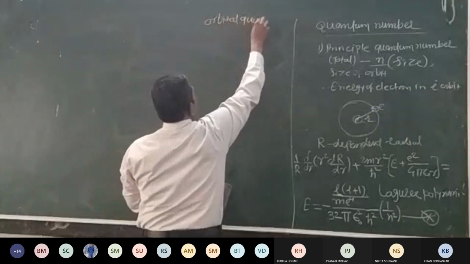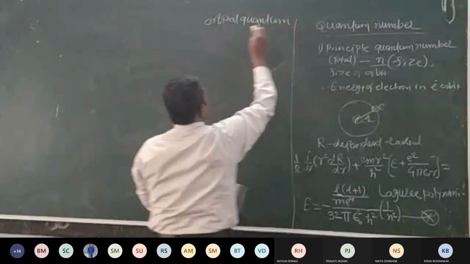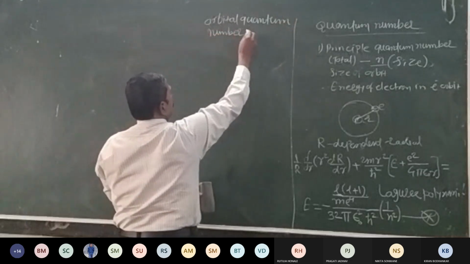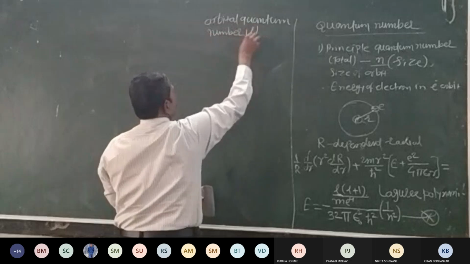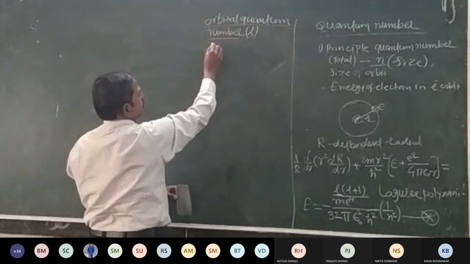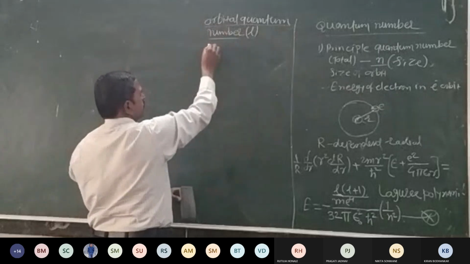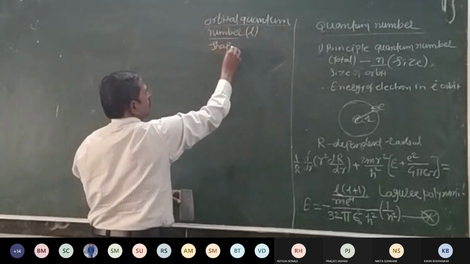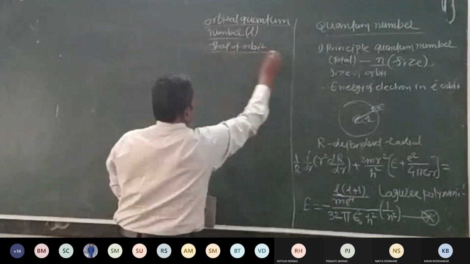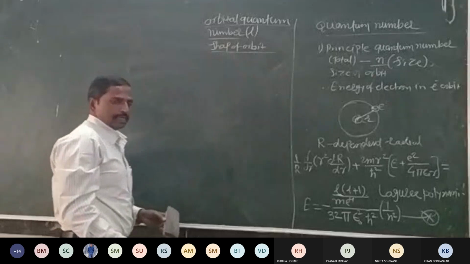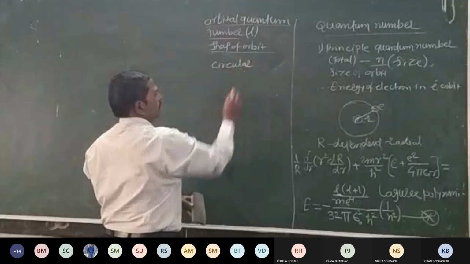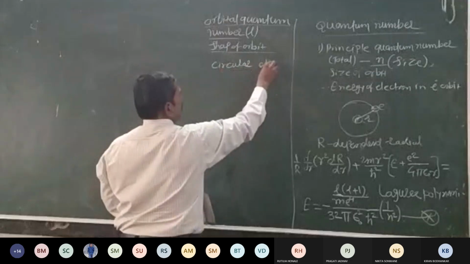orbital quantum number, denoted by L, decides what shape of orbit, and the shape of the orbit is whether it is circular or elliptical.